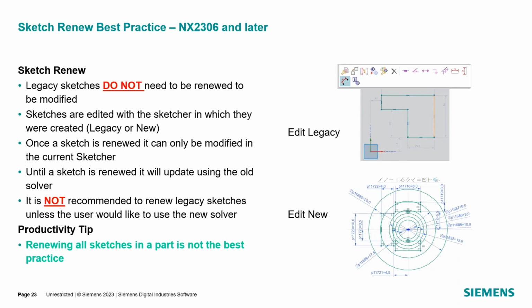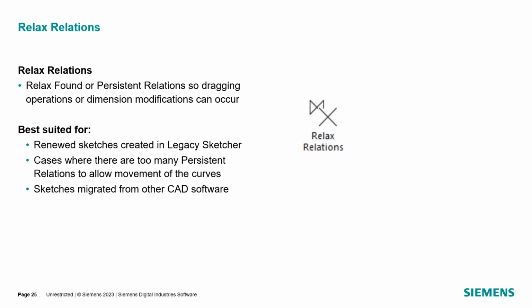And so in some cases, it put a lot of persistent relations that made it a little bit tougher for you to edit. You had to go in and really understand what was going on. And so those have been done away with. So again, if you have legacy sketches, you can edit them in the legacy sketcher. If you're creating new, then you will use the new sketcher for that.